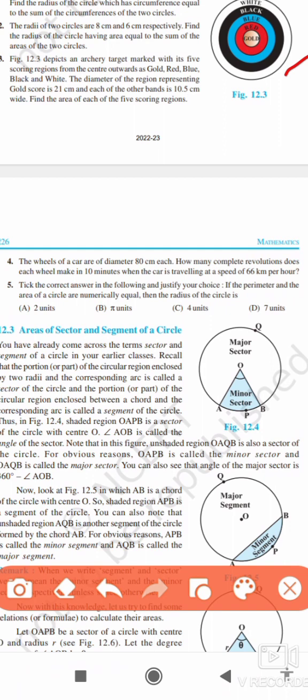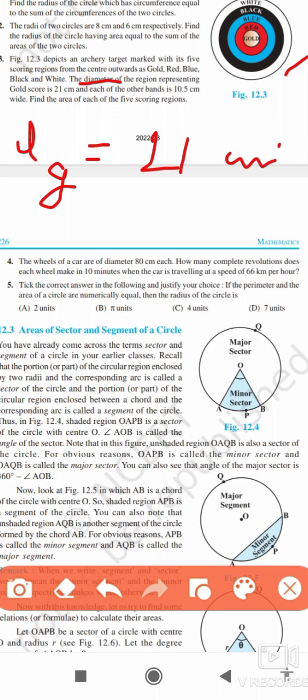The diameter of the region representing gold's score is 21 centimeter, and each of the bands has width equal to 10.5 centimeter. Find the area of each of the 5 regions.